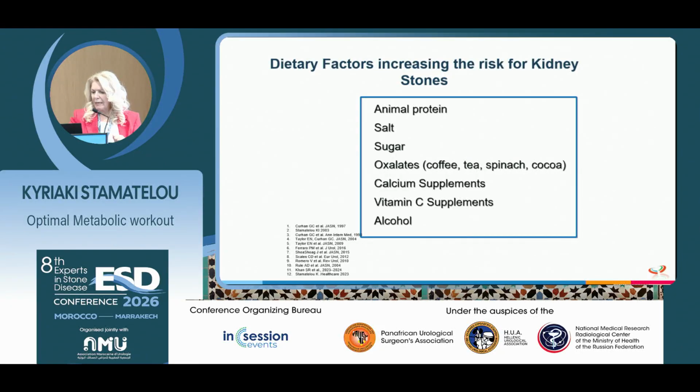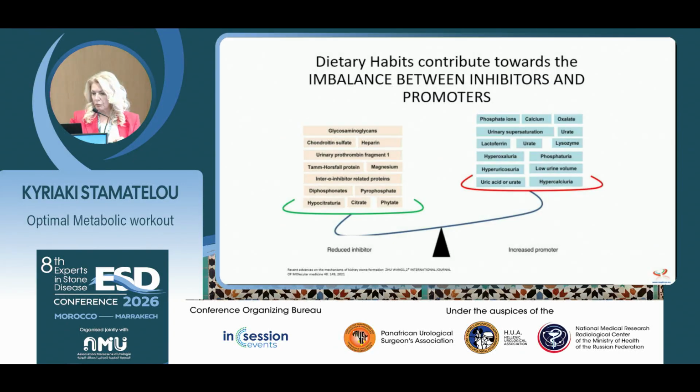There's no need to elaborate on dietary factors that increase the risk for kidney stones. You all know that high consumption of alcohol, of salt, of protein, of sugar, of oxalates, and also the use of calcium supplements and vitamin C supplements can increase the risk of our patients for kidney stones.